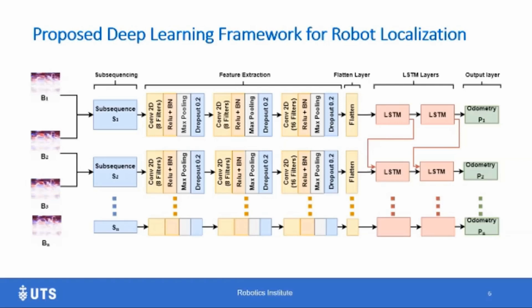Since the distance traveled by the robot always depends on its previous position, this becomes a sequence learning problem. Therefore, we had to use a recurrent neural network, or an RNN, to determine the distance traveled across the sequence of B-scan images that we feed into the model. Traditional RNN networks have a problem called the vanishing or the ballooning gradient problem.